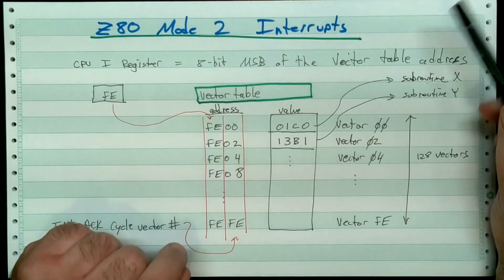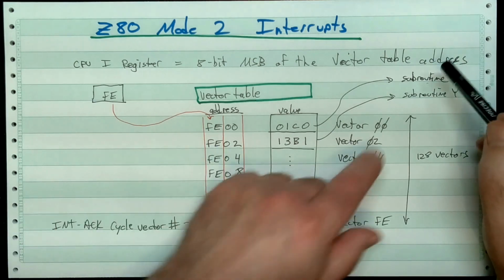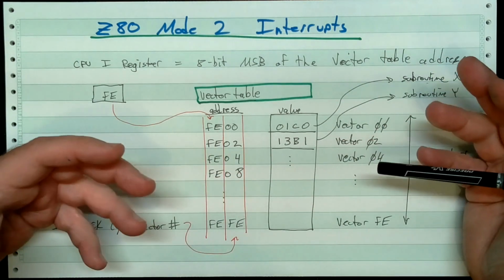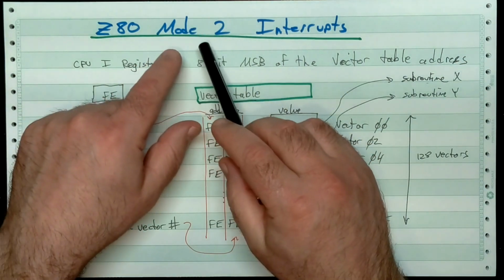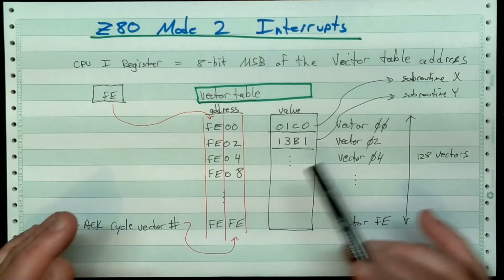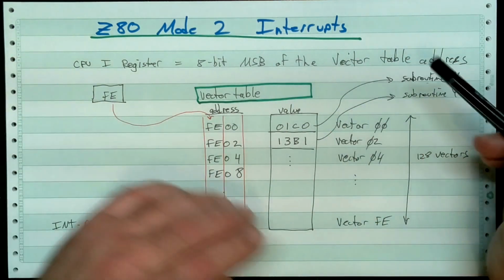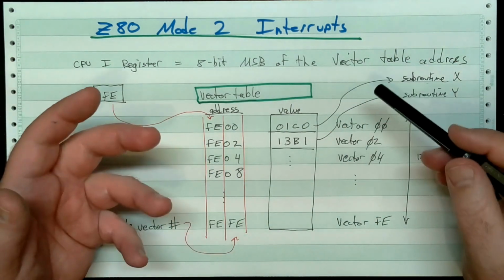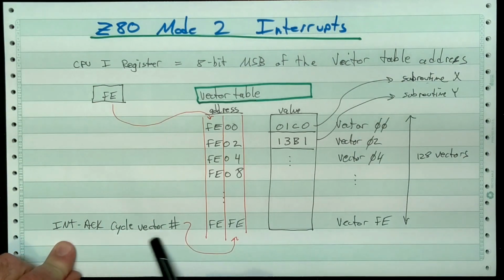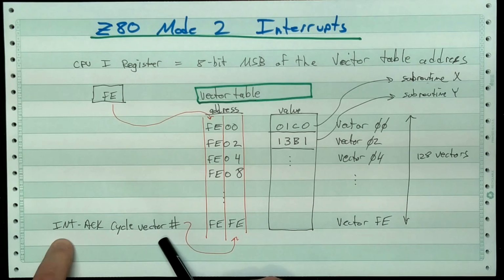Okay. Now, the way each one of these handlers is then called, we have to enable the interrupts on the Z80. We, of course, have to set the mode to 2 in order for this to work. And when an interrupt is generated, the peripheral device has to participate in the M1 interrupt acknowledgement cycle and deliver the 1-byte vector number during that acknowledgement cycle.